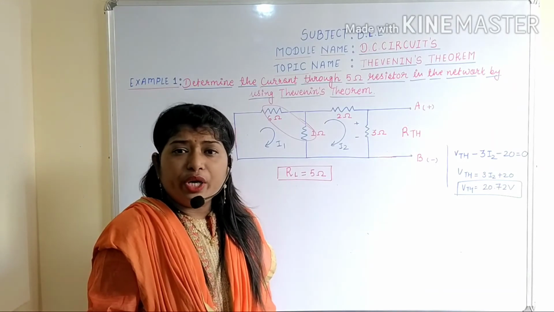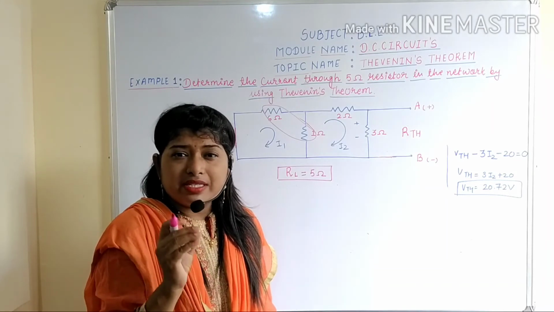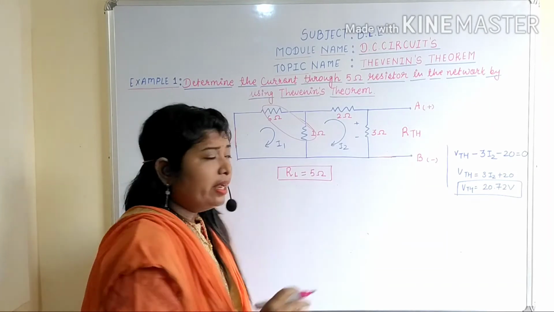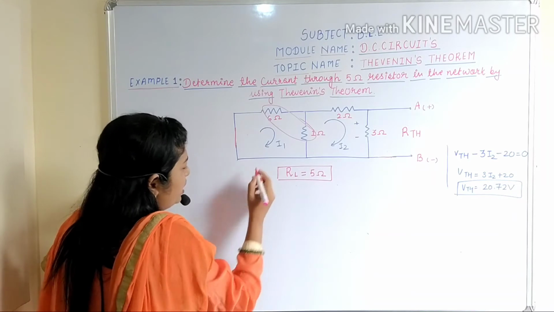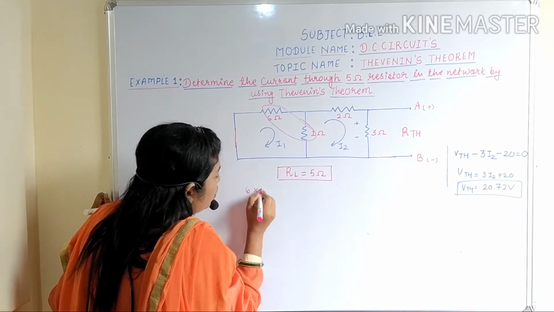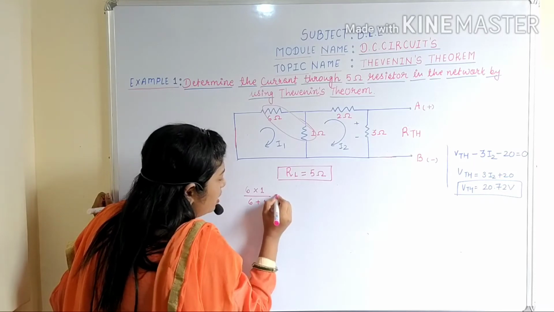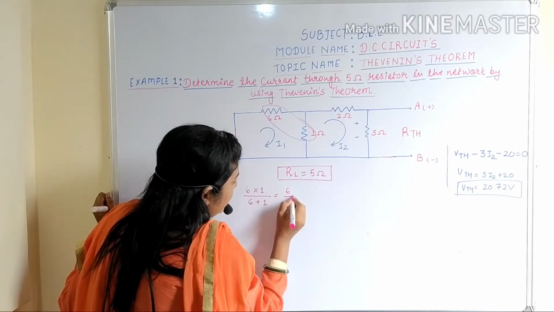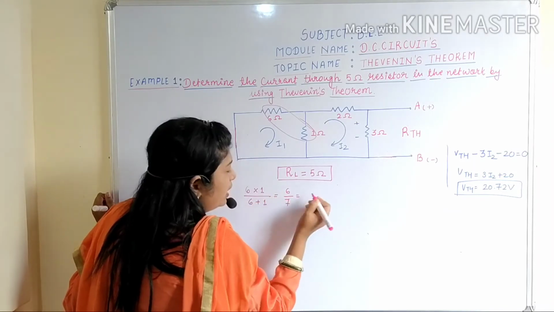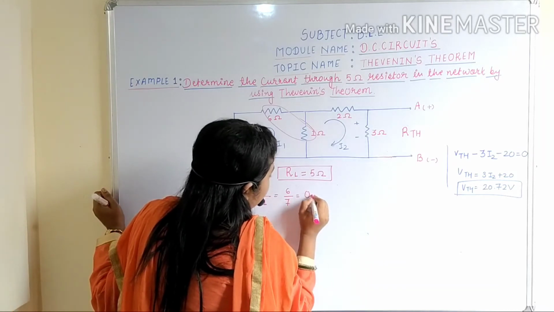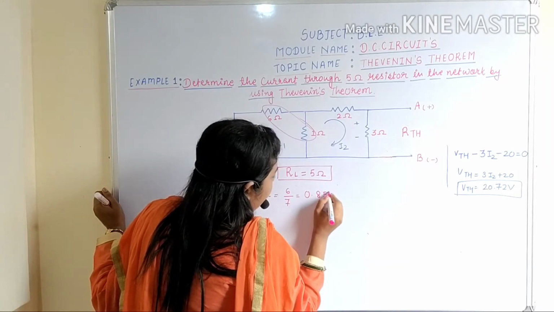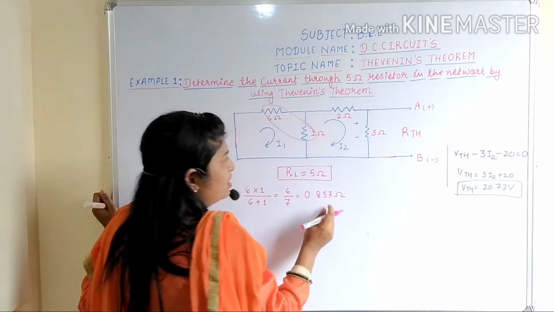So how are you going to calculate the equivalent resistance for the parallel circuit? Please pay attention over here. 6 into 1 divided by 6 plus 1. So 6 ones are 6 divided by 7. After finding this, you will get 0.857.